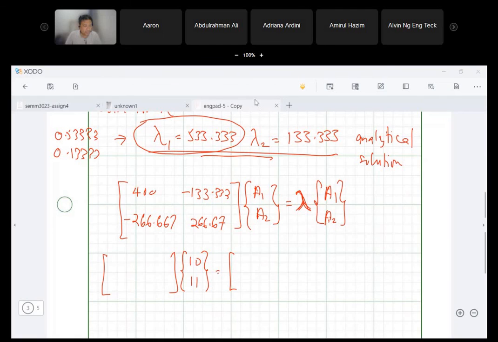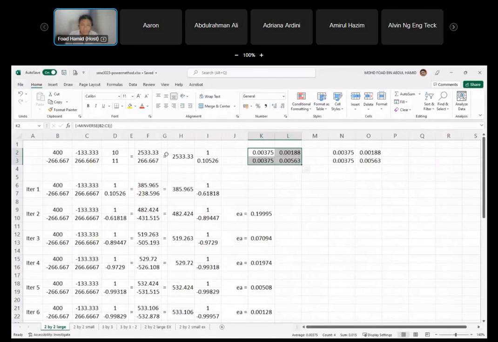I hope you can see my Excel here. So this is the coefficient matrix. This is my initial guess, 10, 11. This is the value that I get.